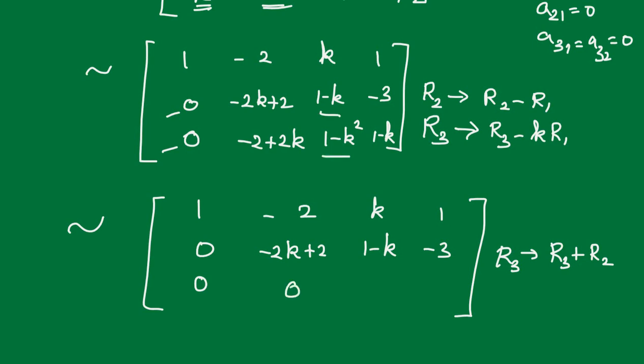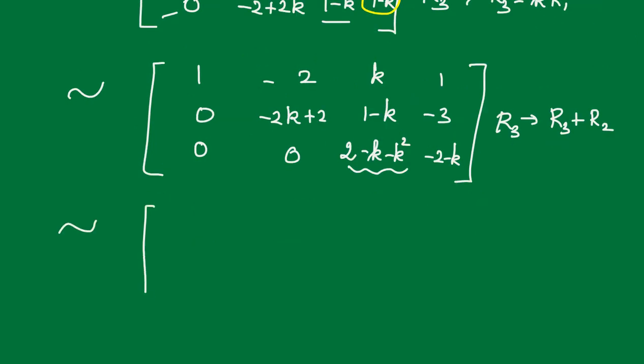Now adding these two elements, 1 plus 1 gives us 2 minus k minus k squared. Then the next element will be minus 2 minus k. Next transformation, there is no transformation. It is already in echelon form. So we are going to split the quadratic polynomial.